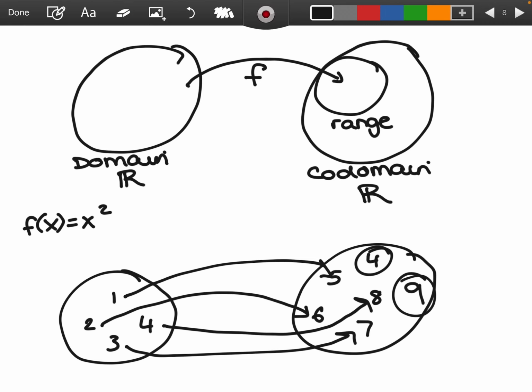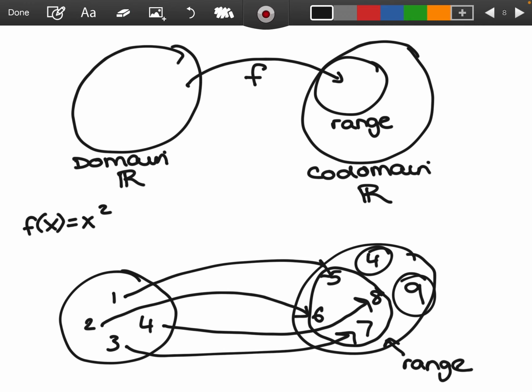But each value in my domain can only map to one value in my codomain. I may have extra terms in my codomain that don't get mapped to. That's totally fine, especially because in some cases I might end up with a function where multiple things in my domain map to the same thing in my codomain. So I may have some random terms in my codomain that don't get mapped to.